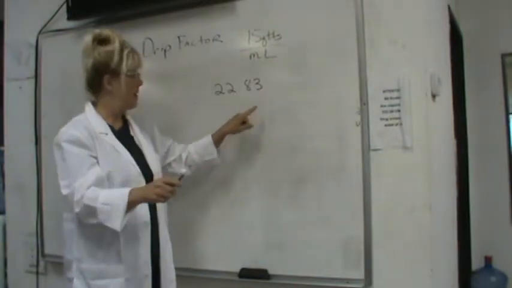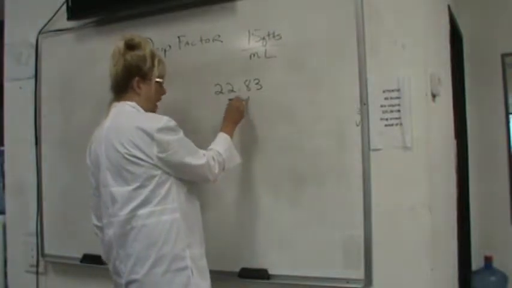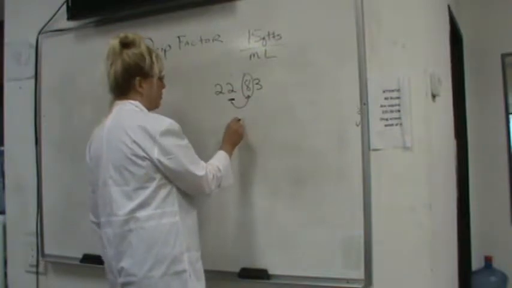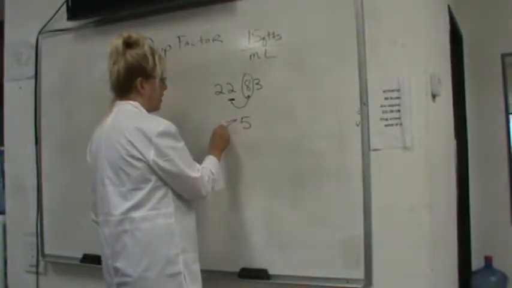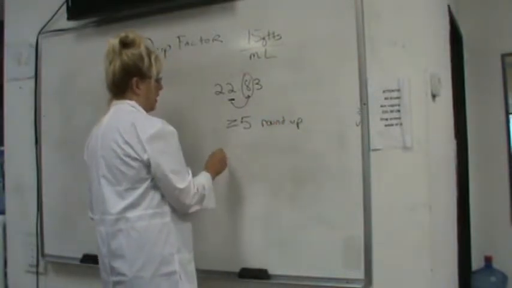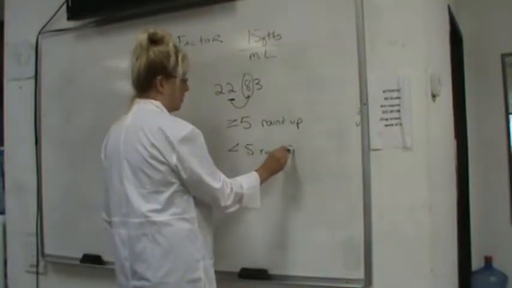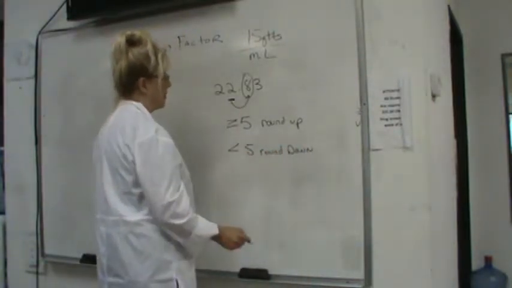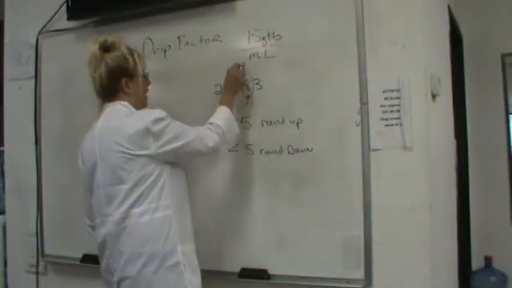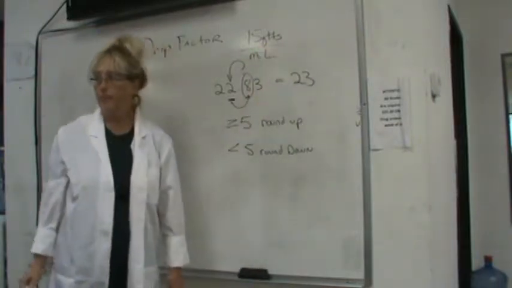Hundredths place. So if I have to round to the nearest ones place, I'm going to look at the tenths place and I'm going to see an 8. So rounding rules says any number greater than or equal to 5, we round up. Less than 5, round down, or leave it the same. So since 8 is greater than or equal to 5, the 2 in the ones place becomes a 3. And we have 23.